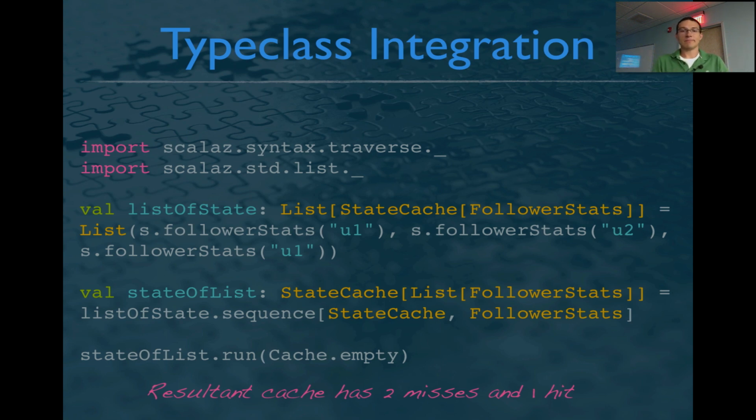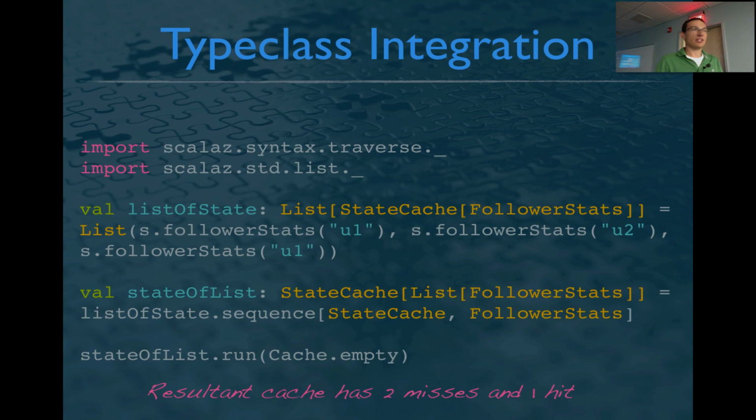So anyway, that does produce the right output. Calling follower stats, you're not actually running any code.